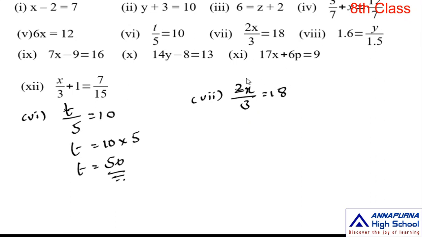In the first way, first we transpose the denominator. To solve this equation in the first way, first we transpose this denominator to the right side. When the denominator transposes to the right side, it multiplies the right side part. Here the denominator is 3, so the numerator you can write as it is.